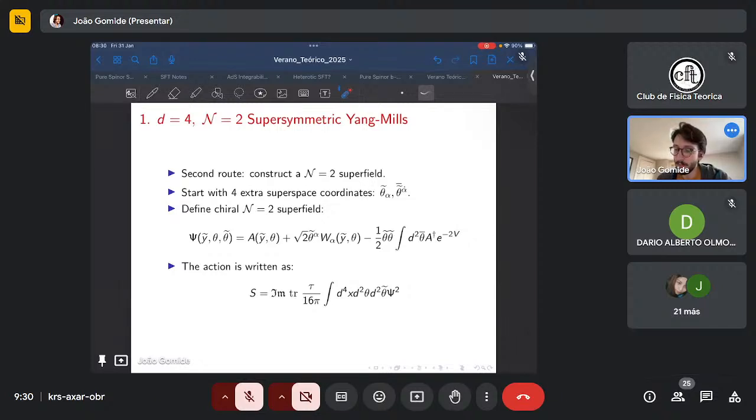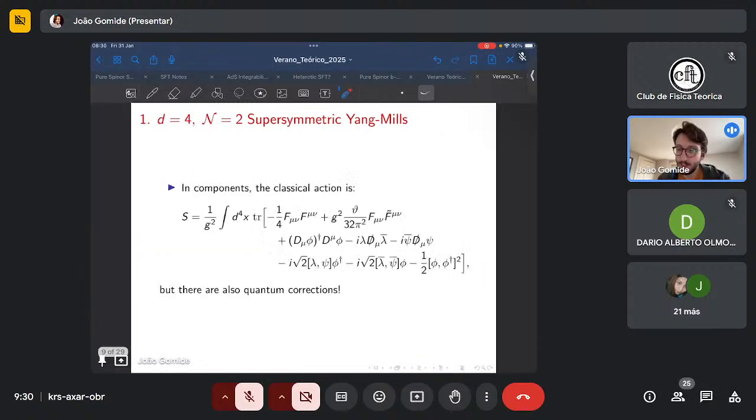So in principle, this is not the only expression you can get for an action. For the classical action, if you expand the components and you want a renormalizable theory, you want stuff to have the right terms, like this F squared term, the interactions with the fermions and the scalar being like this, and so on, then that phi squared is the thing you write.